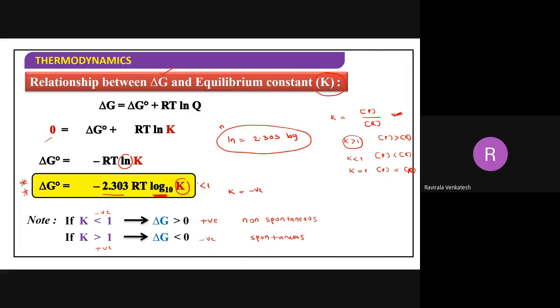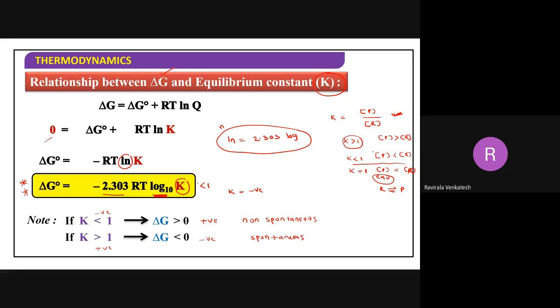In this case K is equal to 1, which is at equilibrium, beta. Whenever the concentrations of products and reactants are equal, it is equilibrium.